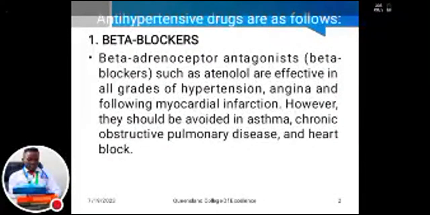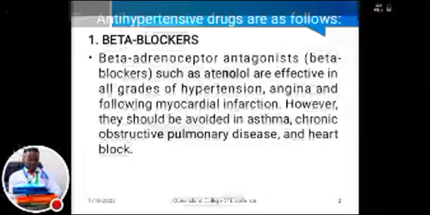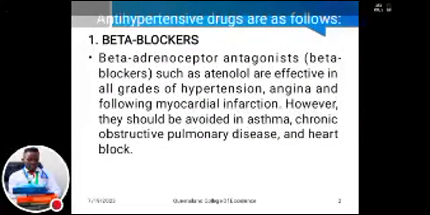And guess what? She just collapsed. She had no energy to talk. She collapsed and hit her head on the floor. And guess what happened? When she was rushed to the hospital, on arrival it was already BID, brought in dead.